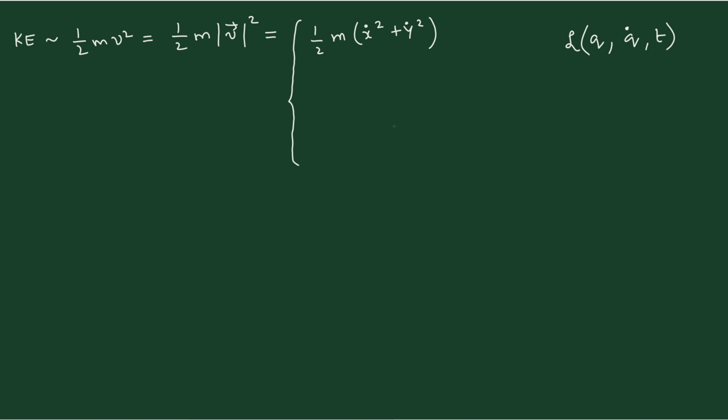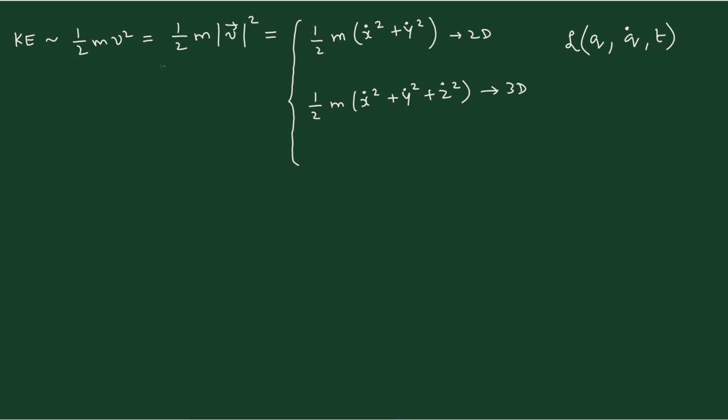X dot is the velocity in x direction, y dot the velocity in y direction, in 2D. This is the situation for 2D, and in the case of 3D you can write it like this. And it is very clear that this is a Cartesian system.